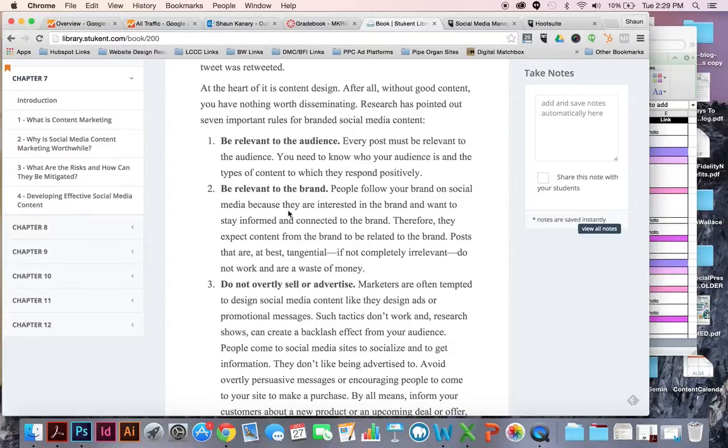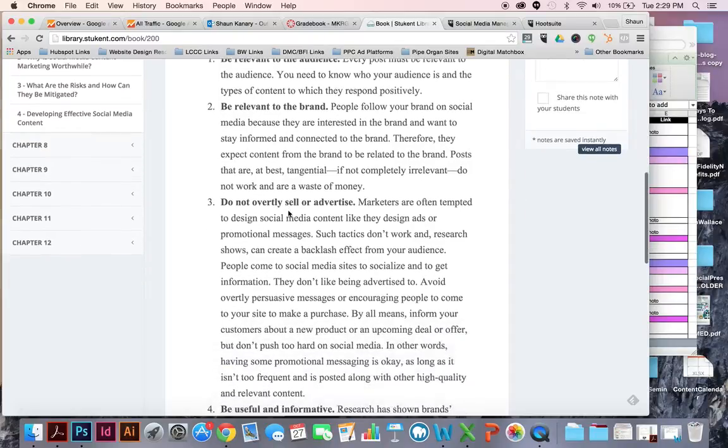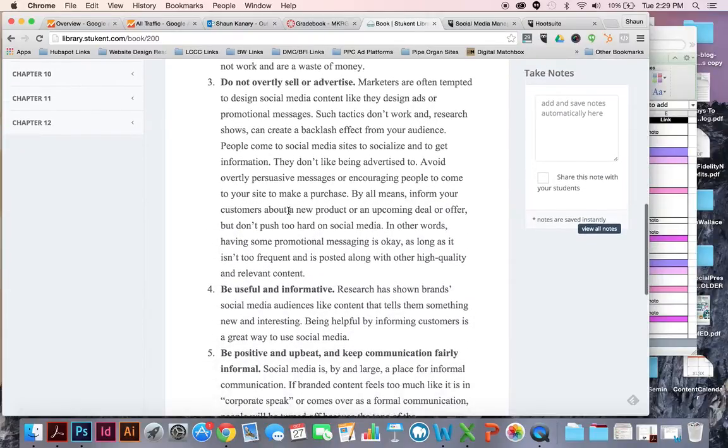Be relevant to the brand. People follow your brand because they're interested in you and interested in what you have to say. So make sure that posts, especially the social media content that you go out and find, is relevant to your brand. Don't sell. Don't advertise all the time.